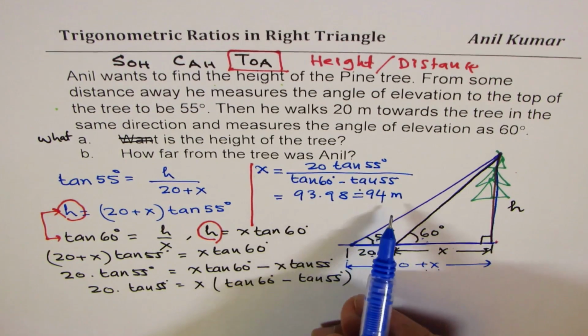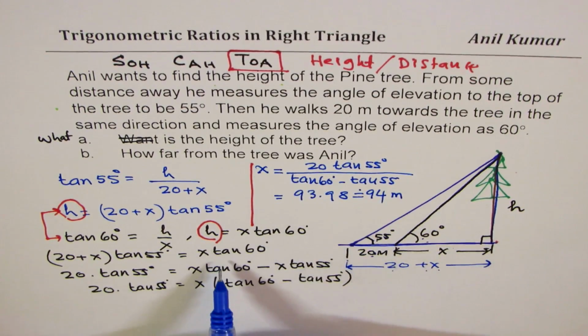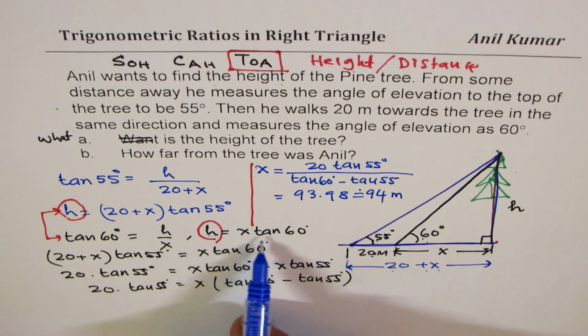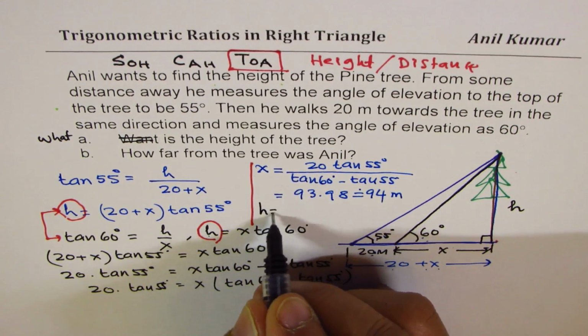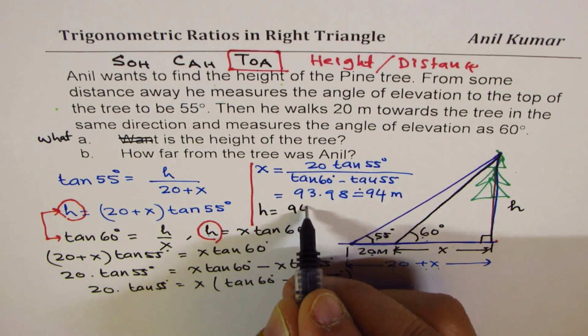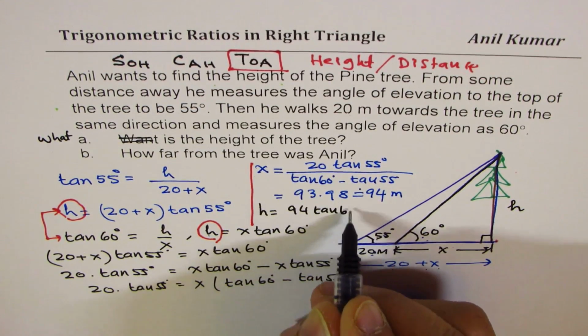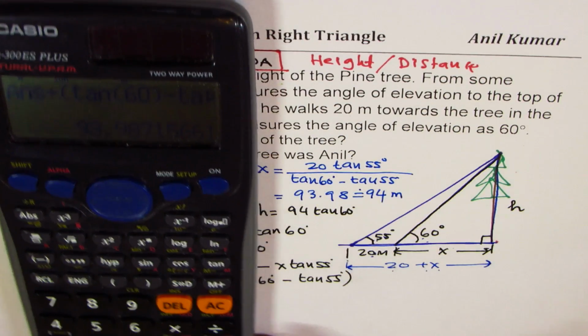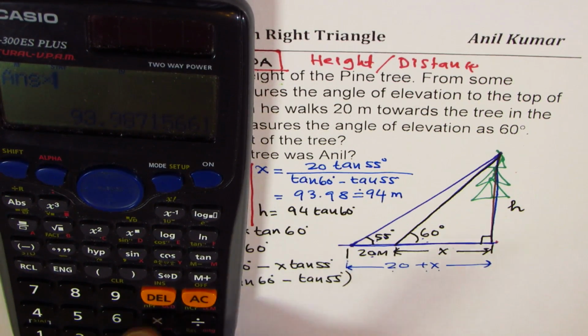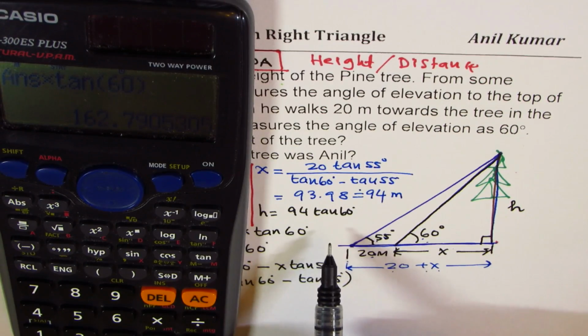Perfect. Now since x is 94, you can find what h is using this formula. So we have h equals 94 times tan of 60 degrees, right? So let's do it approximately. We already have that number. We'll multiply this by tan of 60 degrees and round it to a whole number.